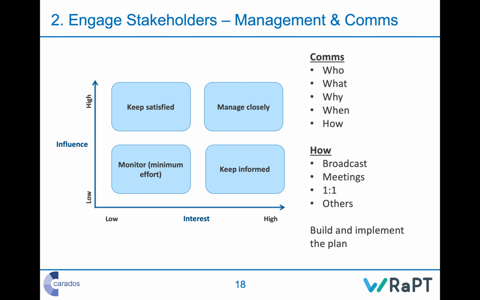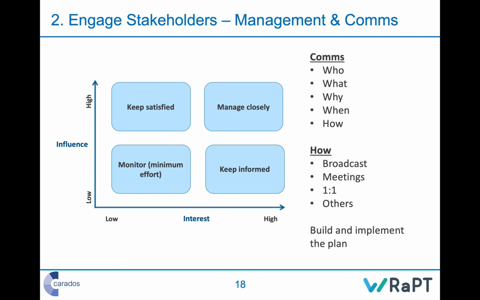Now, there's a few things to think about in terms of stakeholders and how you engage them. This is a fairly standard model. If I've stolen it from someone, I need to work out whose it is. But it is a fairly clear 4-box model based around interest and influence.